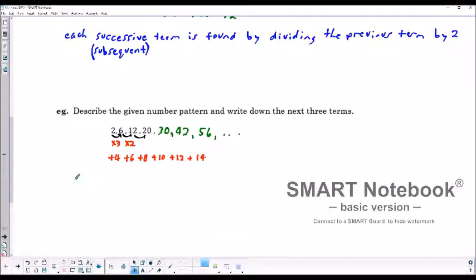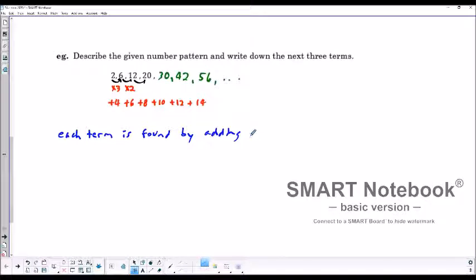So we can say here, each term is found by adding, how would you write that?